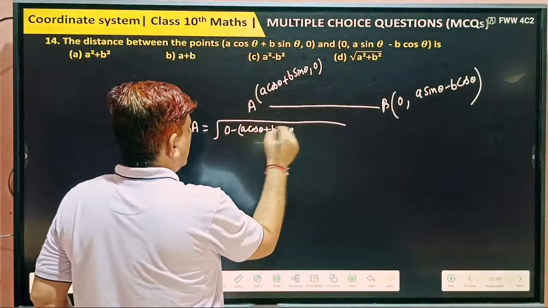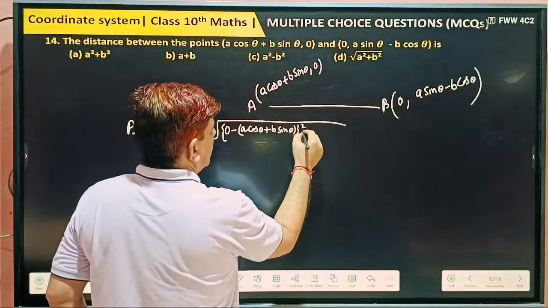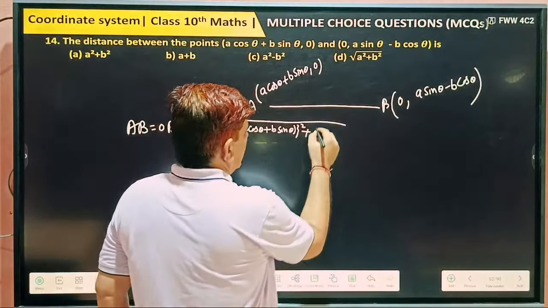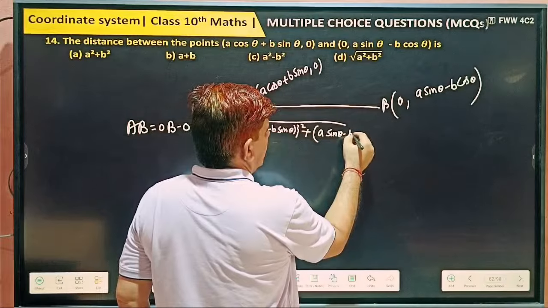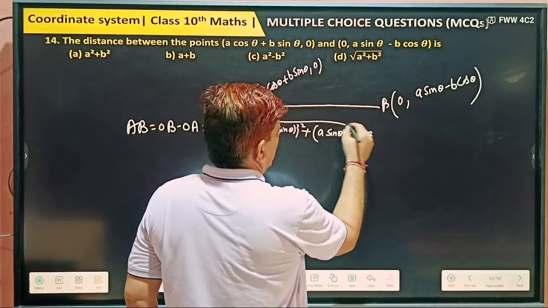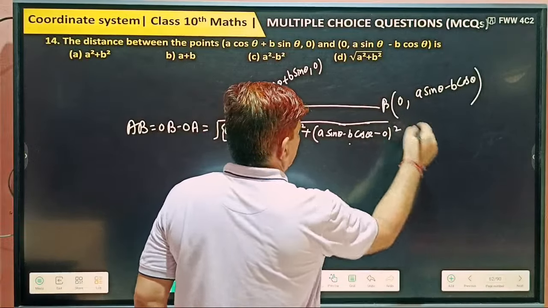So this we can take like this and then this whole square, plus (A sin theta minus B cos theta minus 0), it's also a whole square.